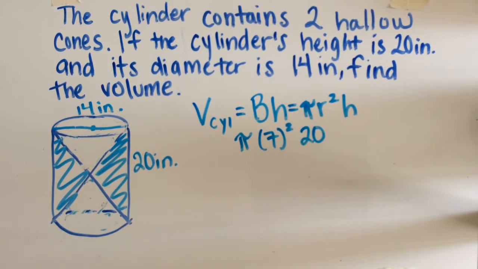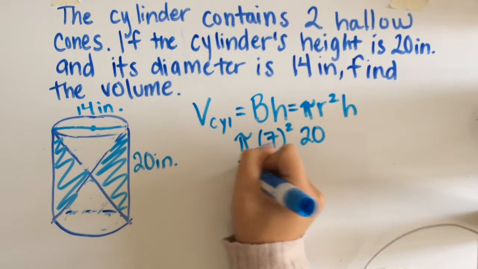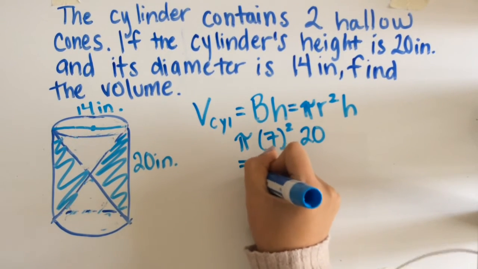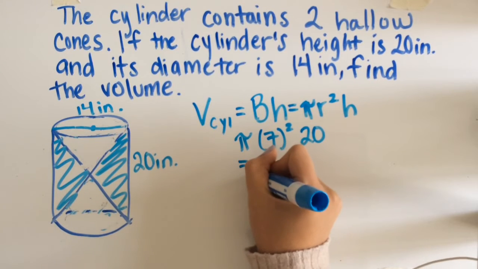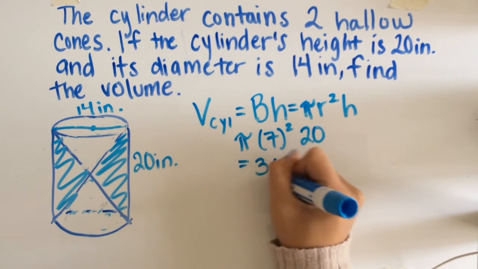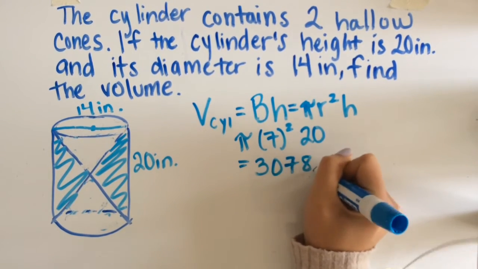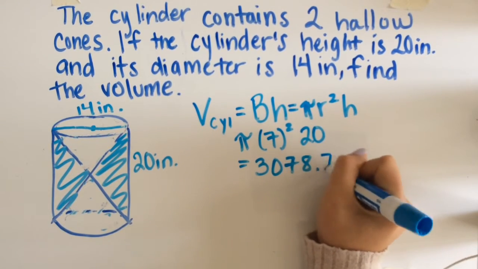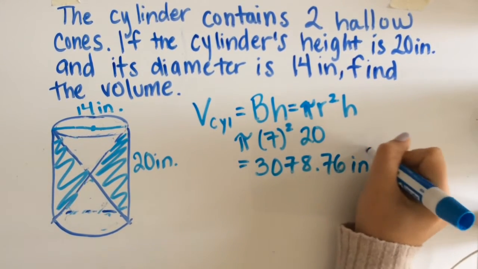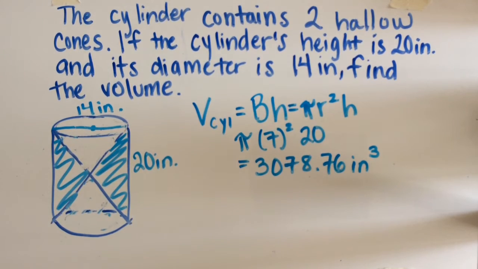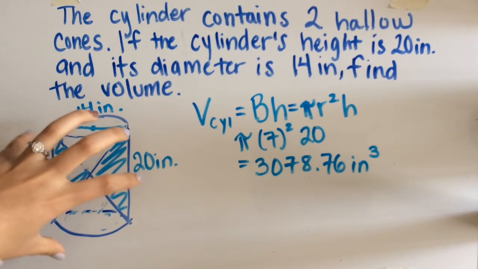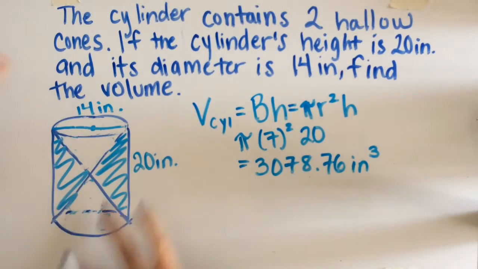Okay, so if I just plug that into my calculator, I will end up getting 3,078.76 inches cubed. So that is the volume of the entire cylinder if it were all completely full.